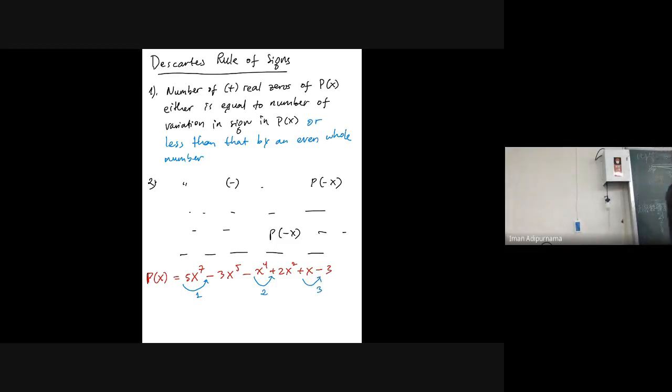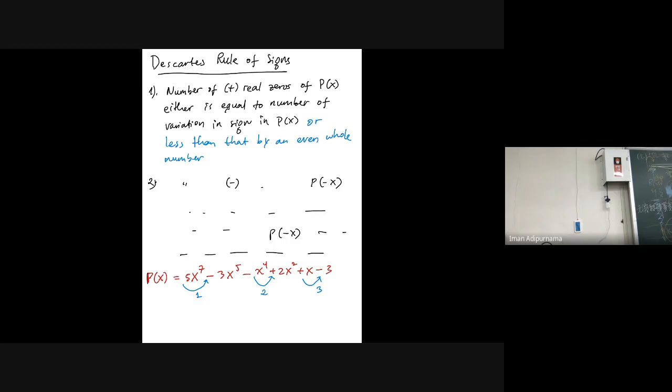So the words are saying the number of positive real zeros of P(x) is equal to the number of variations in sign in P(x). So 1, 2, 3. So it's possible to have 3 positive zeros, but it's not concluded yet. It's just our prediction.